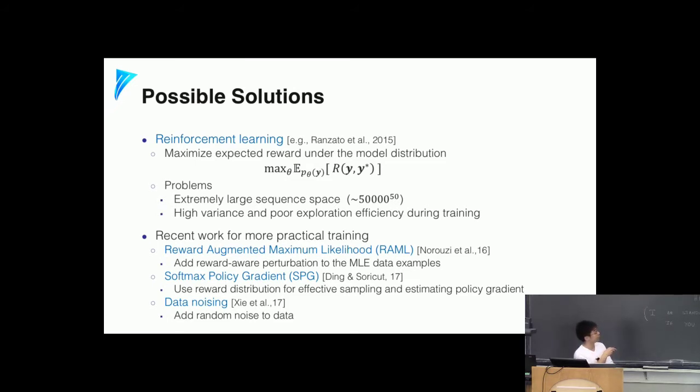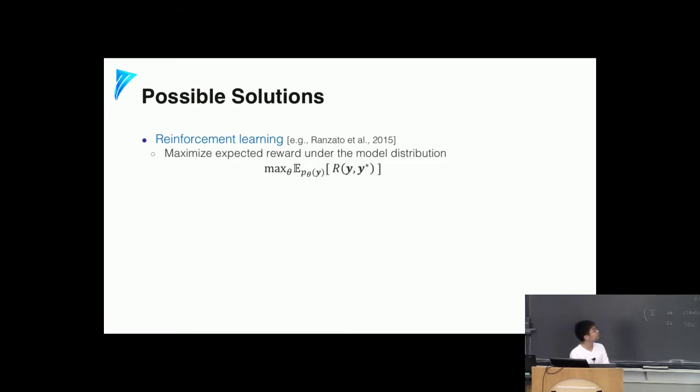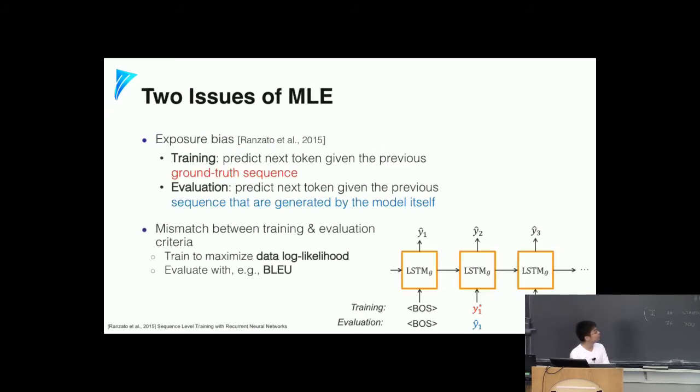The problem is that the sequence space is very large, so the training is very inefficient. You just run the model once on the sequence using its own tokens that it generated, and you use the loss for it. At training time you feed the predicted token to generate the next token, right?